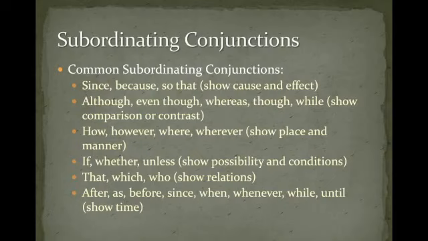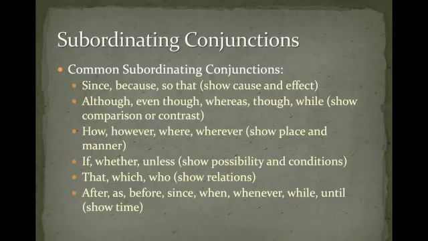Although, even though, whereas, though, and while show comparisons and contrasts, so your subordinating conjunctions have some sense of comparison. How, however, where, and wherever show a place and a manner. You likely already have a complete thought, but you're adding a subordinating conjunction, a dependent phrase, in order to show where.